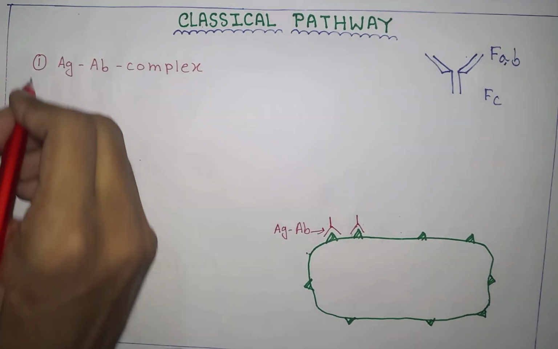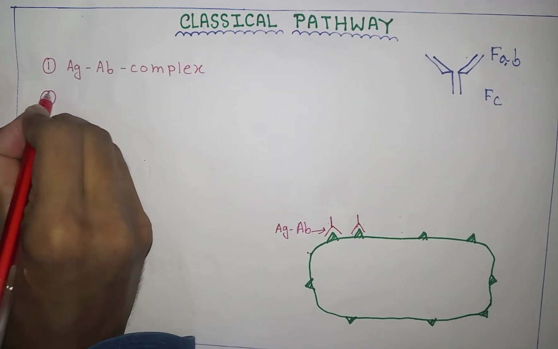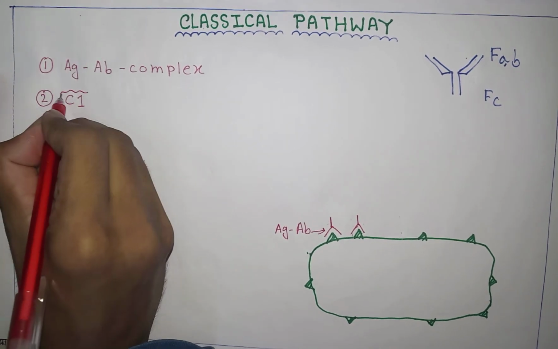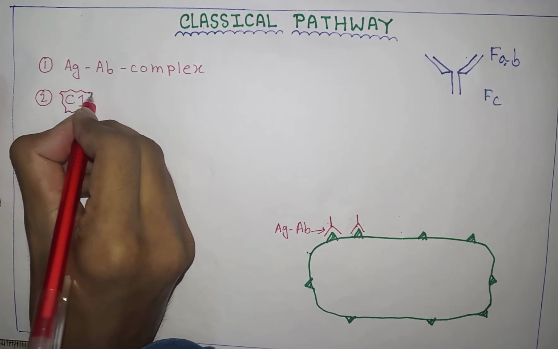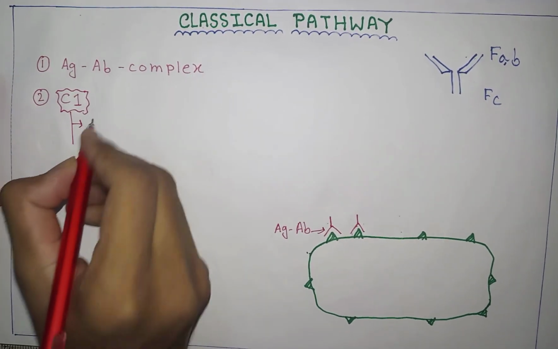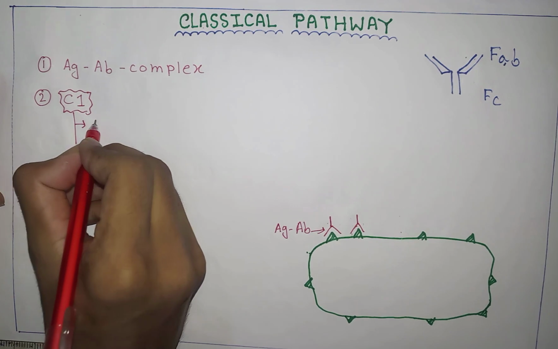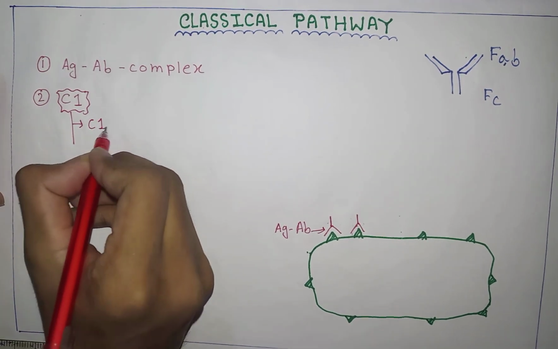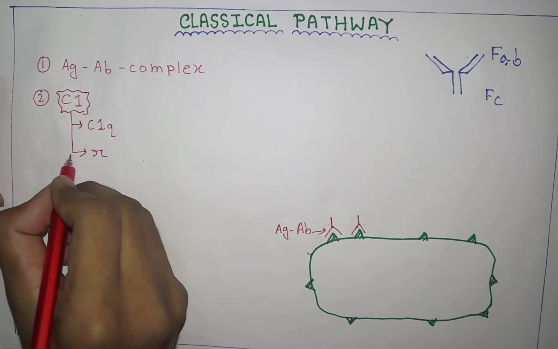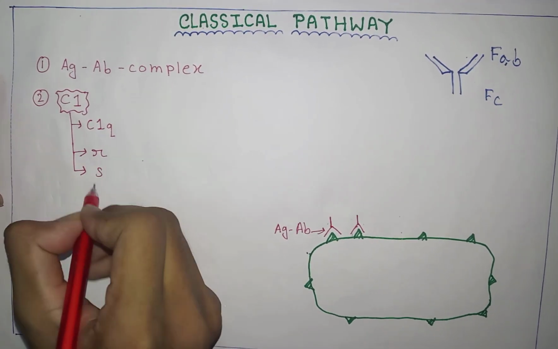In the second step, C1 complement protein will play the initial role. You know that C1 consists of C1q, R and S segments.